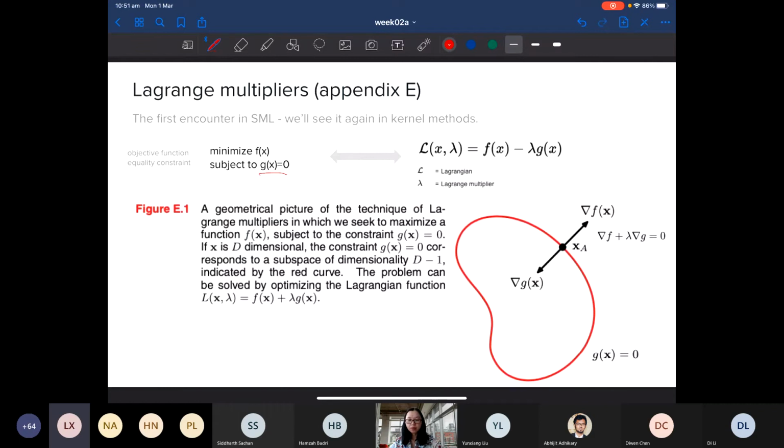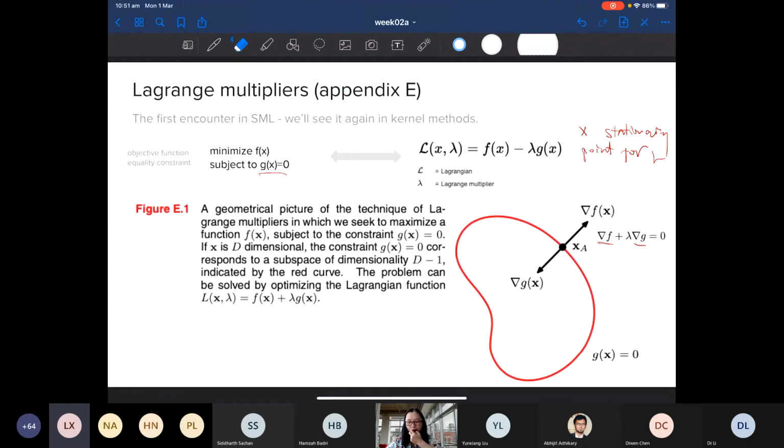So the claim of this key intuition is that there are conditions on the gradients of f and g that need to be satisfied at the stationary point of L. Actually, let me wipe out the star to be consistent with the graph.